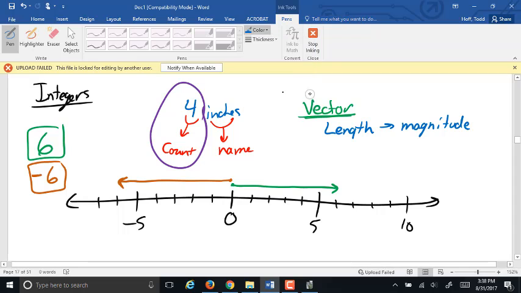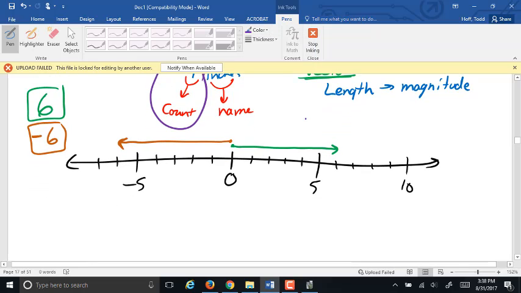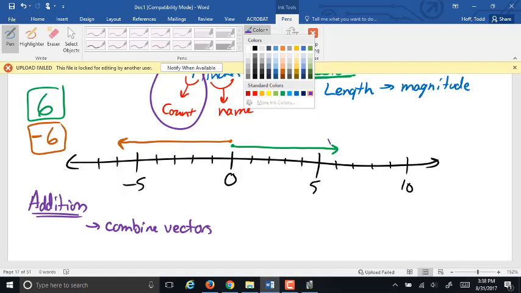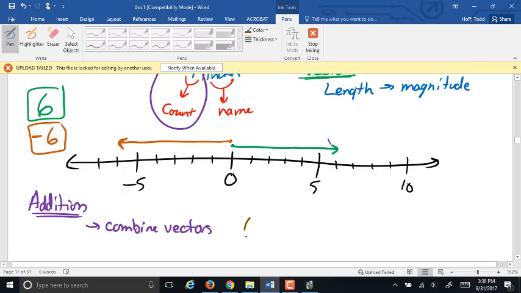So now let's look at how I would use these vectors for adding numbers. The operation of addition is actually defined to be combining vectors. So if I ask you to do 6 plus 4, well, I have the vector for 6 up there. The vector for 4 is going to look something like this.